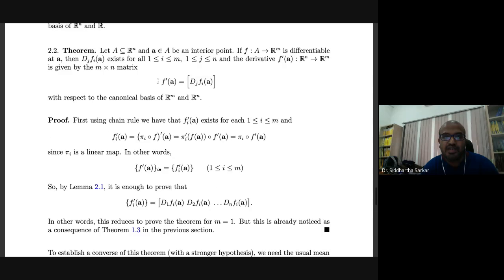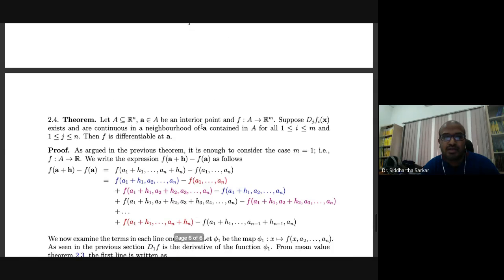If the derivative exists, then it should be expressed in the following way. This one just says that I require some condition to guarantee differentiability at that particular point A. So the condition is as follows.